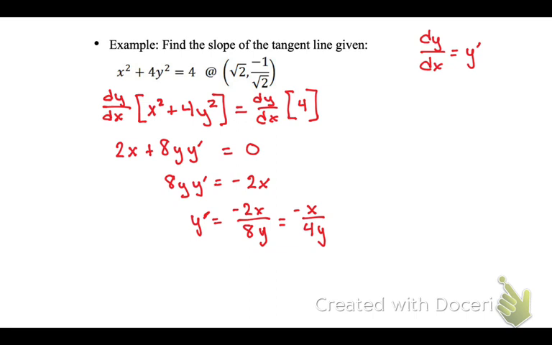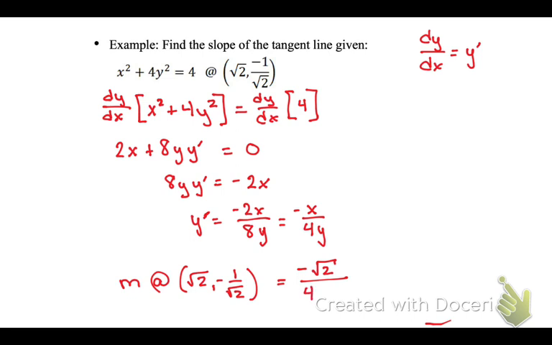Okay, then we reduced. So now we find the slope. So slope at square root of 2, minus 1 over square root of 2, equals negative, what's x? Square root of 2.